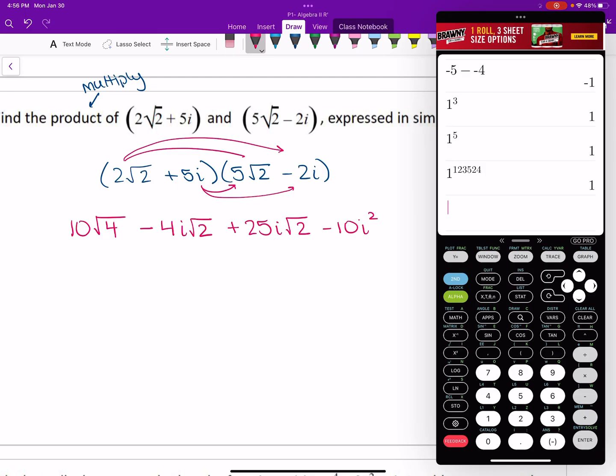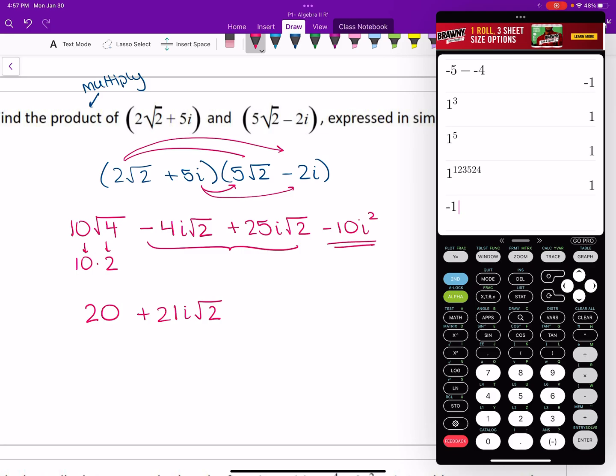Simplifying, the first one, radical 4 is 2, and then 10 times 2 is 20. Combining the like terms in the middle, negative 4i radical 2 plus 25i radical 2 gets me positive 21i radical 2.